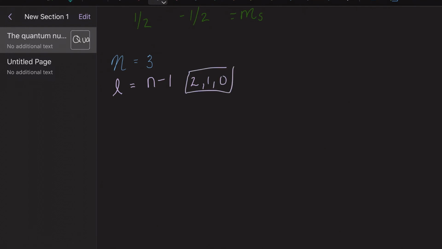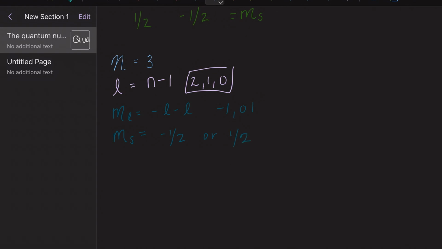So there are our L values. And then our values for M sub L are negative L to positive L. So let's say that L was 1. It would be negative 1, 0, and positive 1. And of course, M sub S is always equal to negative 1/2 or positive 1/2.